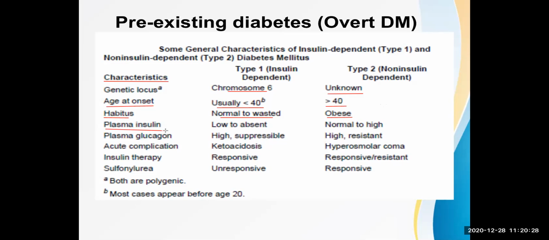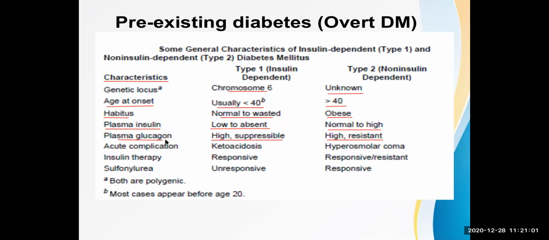Now, regarding the plasma insulin, it is low to absent in type 1 and it is normal to high in type 2. Sometimes it is high also. The beta cells are producing an excessive amount of insulin, but because of the resistance in the peripheral receptors, that insulin cannot act. Plasma glucagon level is high and suppressible in type 1, whereas it is high and resistant in type 2 diabetes.